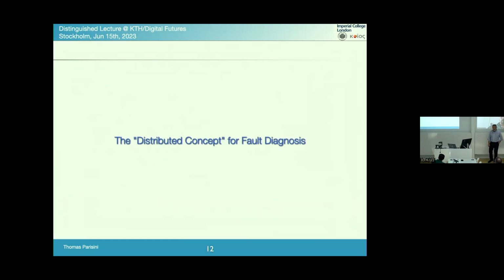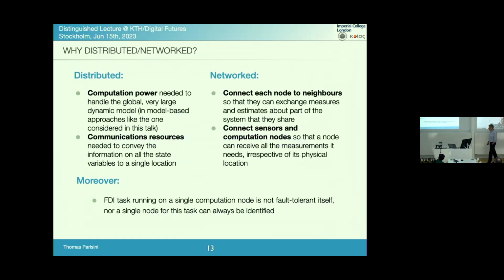Okay, let me first try to focus on what we mean by distributed here, okay? Something very classical, actually. First of all, why? Why do we want to distribute the task of monitoring? Well, there are a number of good reasons, okay? First of all, distributed because of the computation power requirement, of course, the communication resources as well, okay?